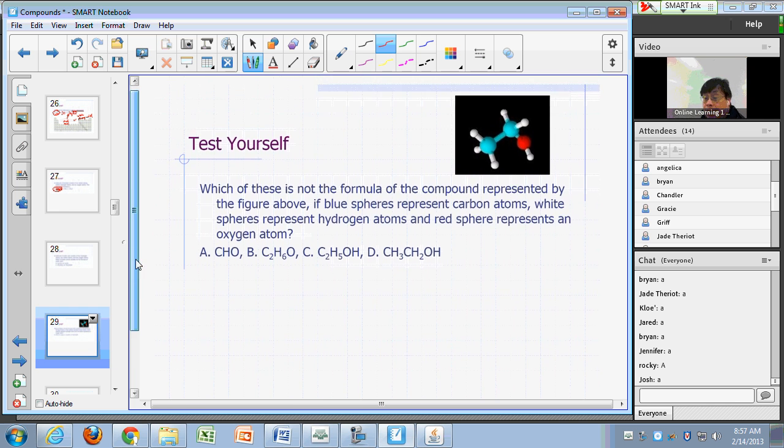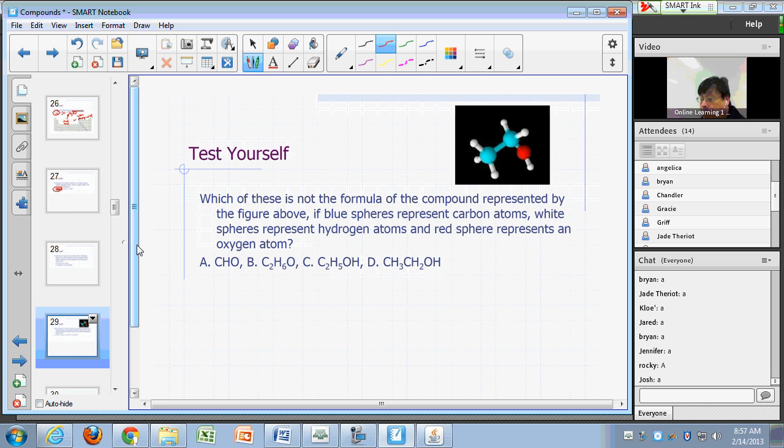Which of these is not the formula of the compound represented by the figure above? If blue spheres represent carbon, so this is carbon, that's carbon. The white spheres represent hydrogen, so this is hydrogen, hydrogen, hydrogen, hydrogen, hydrogen, hydrogen.